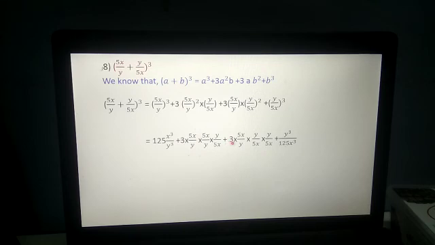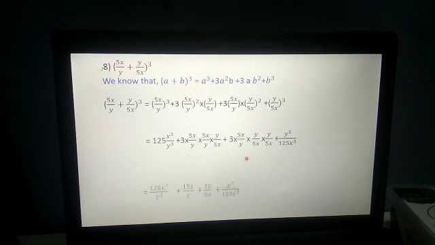Then next term plus 3 into this 5x/y as it is into this y/5x is written as a square. So we will write this y/5x twice. y/5x into y/5x plus now (y/5x)³. So we will write y³ upon 5 cube is 125 and x cube, this 125x³.